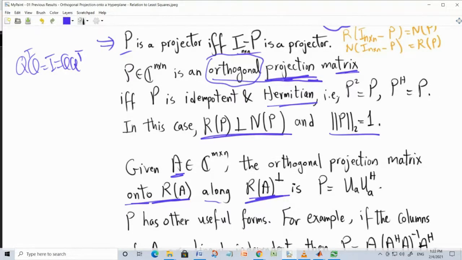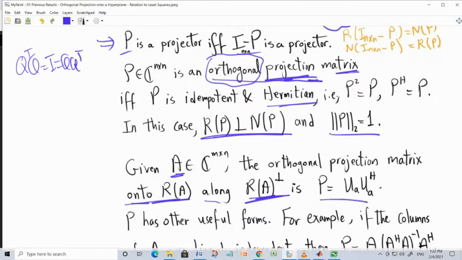To be a projection matrix, it must satisfy that A squared is equal to A. Suppose that you have a general matrix A and you want to construct an orthogonal projection matrix that projects onto the range or column space of A along the orthogonal complement of the range of A.